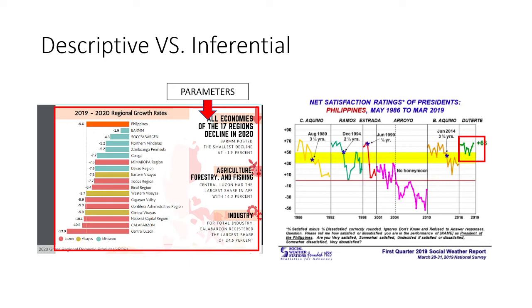So that is one type of data. And as you can see on the right, I have here the net satisfaction rating of residents in the Philippines from May 1986 to March 2009. So, we have here from Marcos to Duterte hanggang 2019. So, kapag binasa nyo actually itong nakasulat dito, hindi nila nilagay yung total number of samples ngayon.